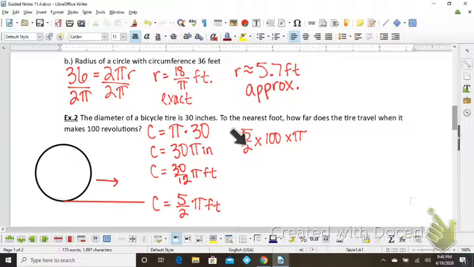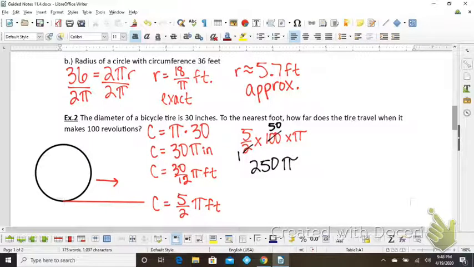I think it's best to do it right next to the 5/2, because then we can cross cancel and make our lives a little easier. If you cross out the 2 and the 100, just take half of the 100. Now 5 times 50 gives me 250 pi.